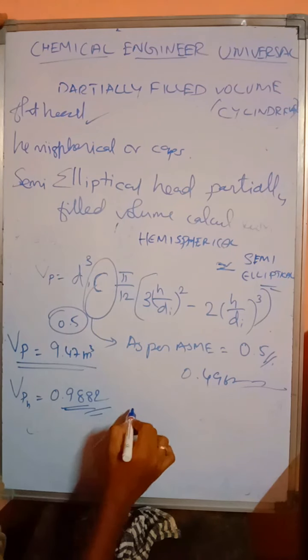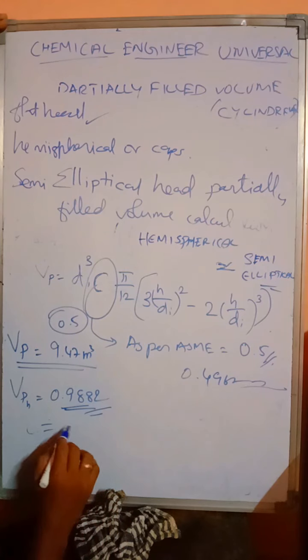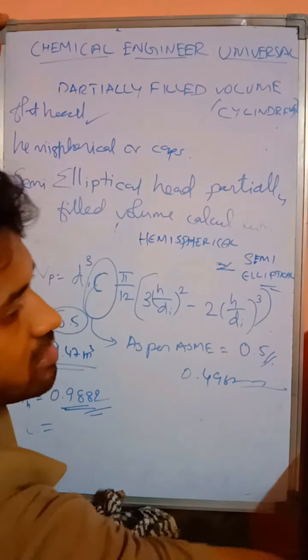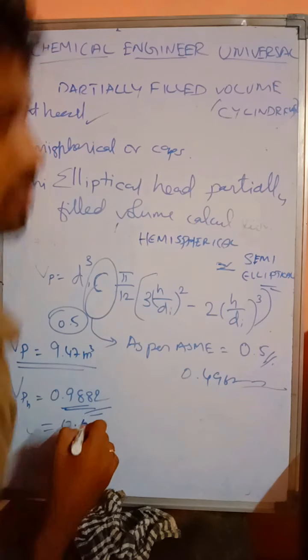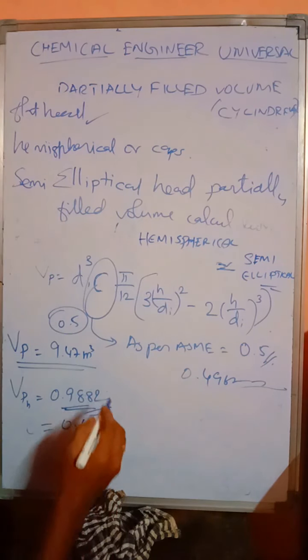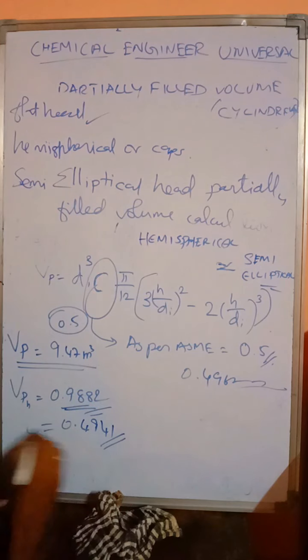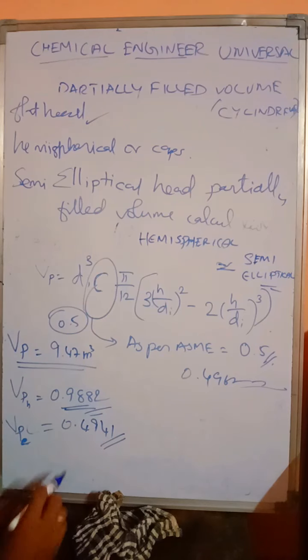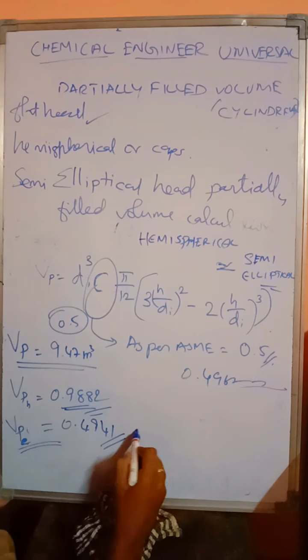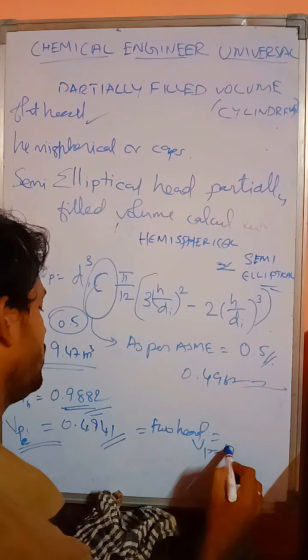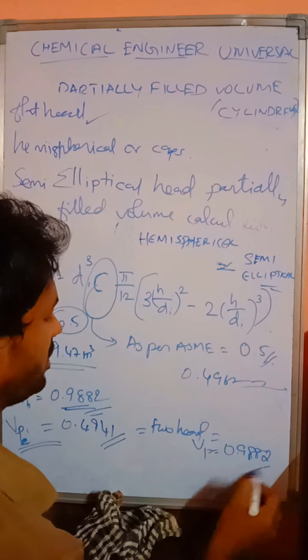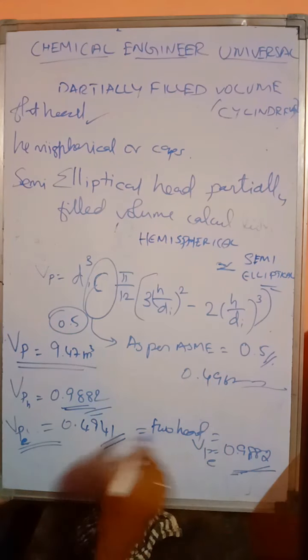So the value reduces to half. So it will be 0.4941. So this is for the partially filled volume of elliptical type. This is for one head only. If you go for two heads, again multiply with 2, then you will get the same value. So Vp is equal to 0.9882, right? This is for elliptical heads on both the sides.